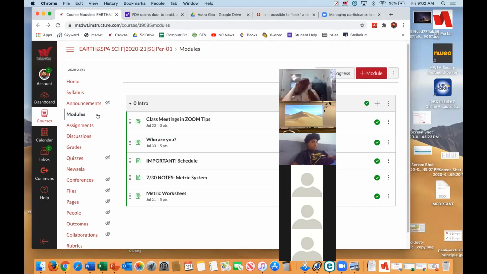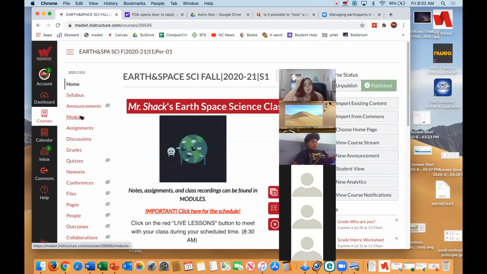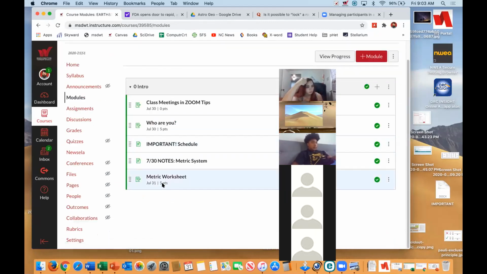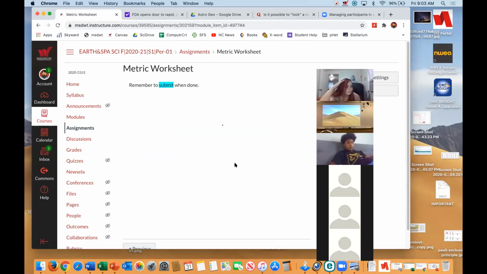So here I'll go back to the home page, and as almost always, we're going to go to modules. And see there at the very bottom of the module is the metric worksheet. So when I click on this metric worksheet, something will hopefully pop up.